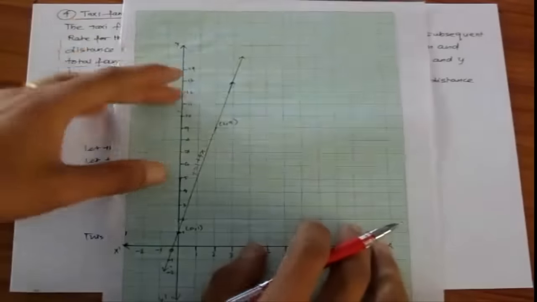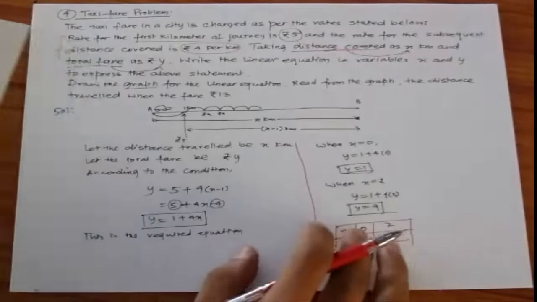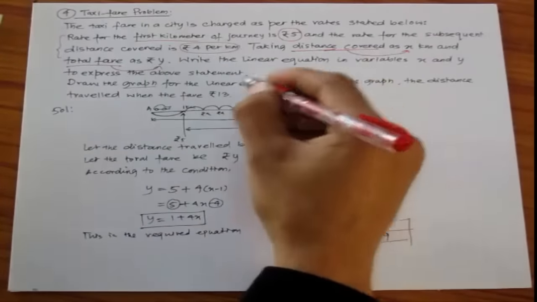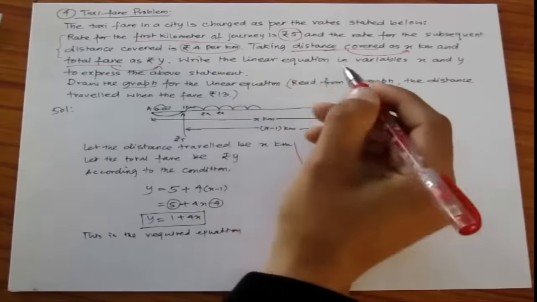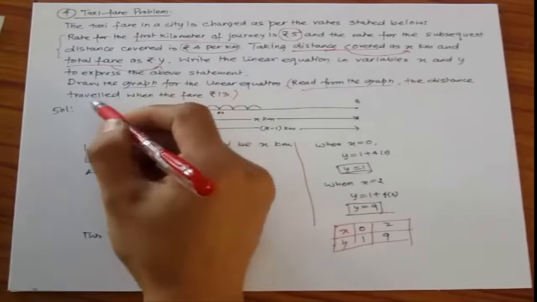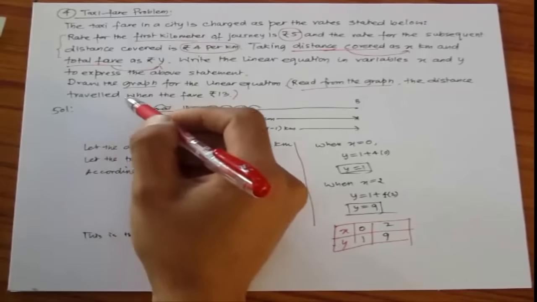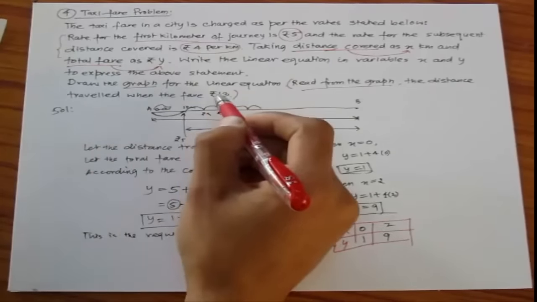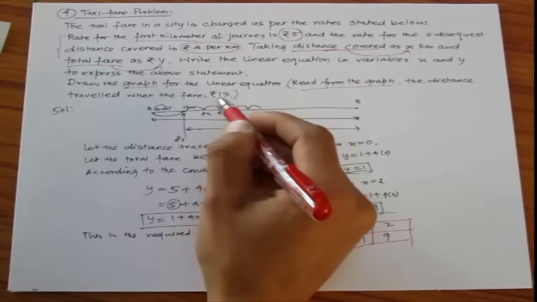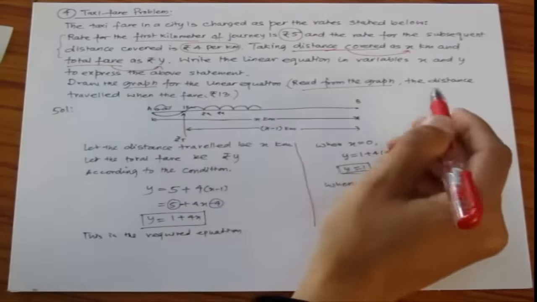So far we have finished the major portion of the question. Now you should be very careful, because you have to read the question carefully. The last part is: read from the graph the distance traveled. Distance traveled means the x value when the fare is 13 rupees. That means when the y value is 13, what is the x value?